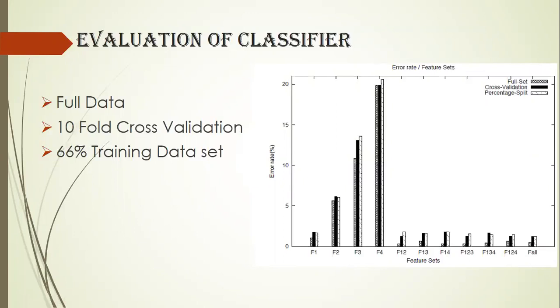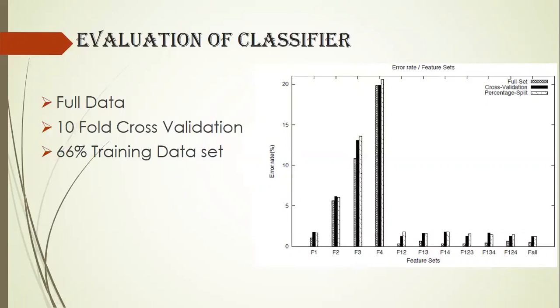This is to find the combinations of features that produce the minimum error rate. You can see the graph between error rate and the feature sets. In the 10-fold cross validation, the 66% percentage split, and training on the whole training set, the smallest error rates were produced by F1. Therefore, while experimenting with different combinations of feature sets, they excluded the combinations that do not include F1.